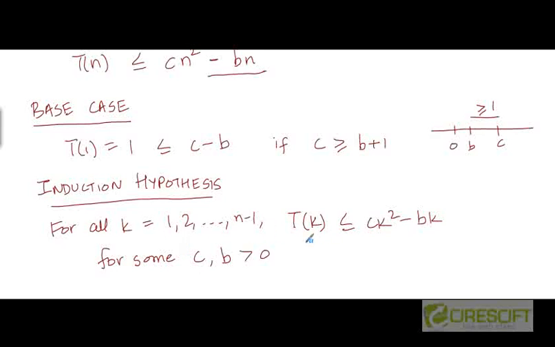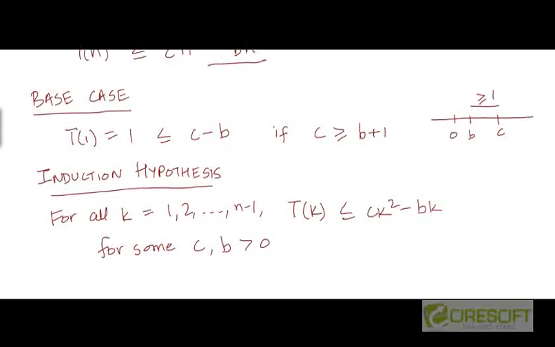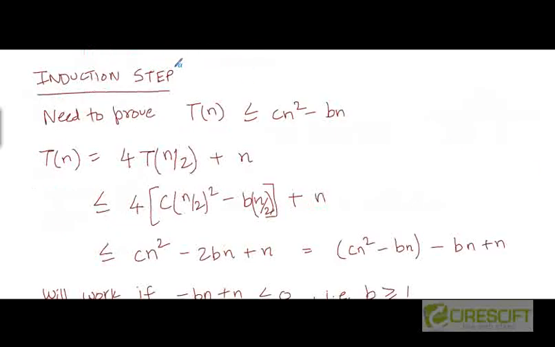Can we prove that this claim holds even at n? That is, can we prove that t of n is less than or equal to c times n square minus b times n? That's what we're going to try to prove in the induction step. We need to prove that t of n is less than or equal to cn square minus bn.